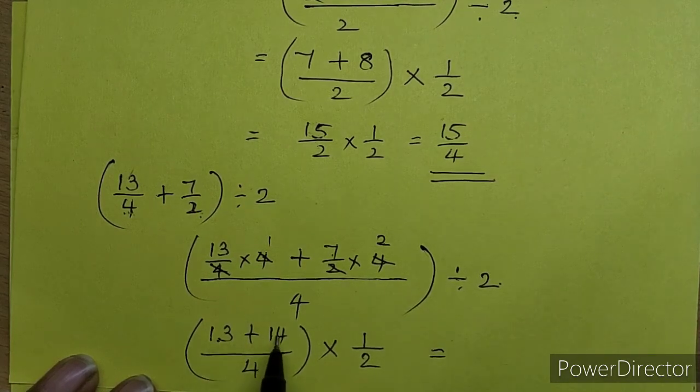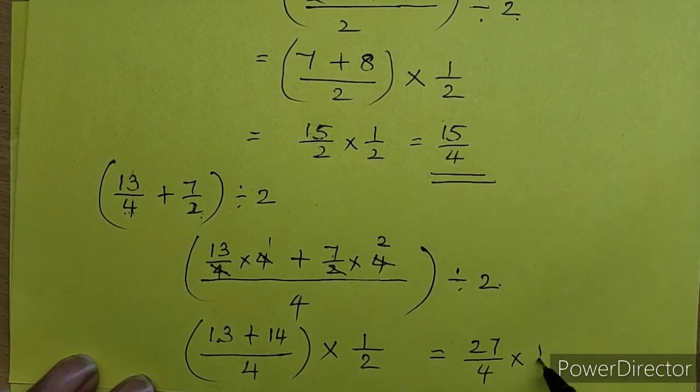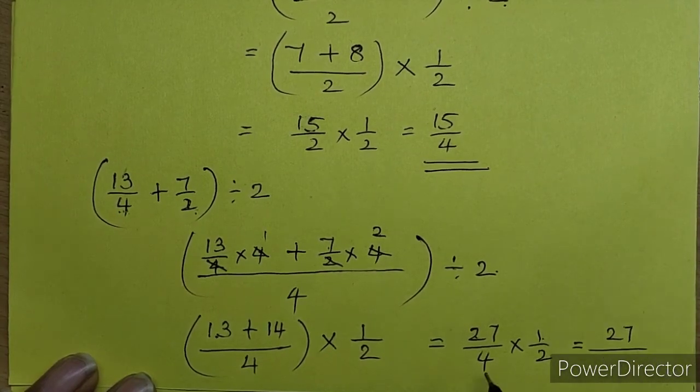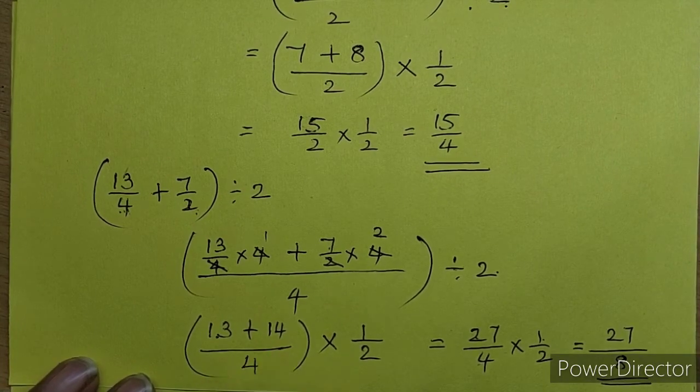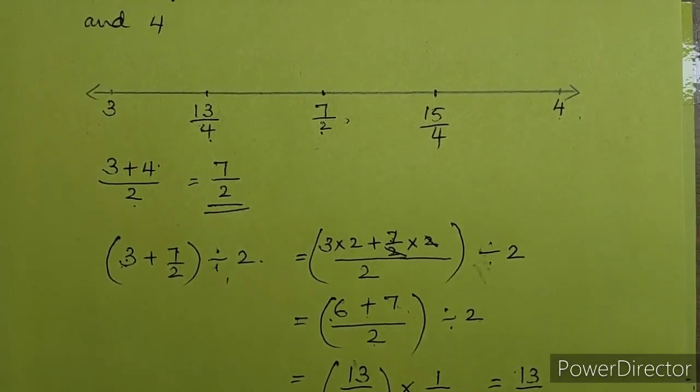Equals 13 plus 14, it is 27 by 4 into 1 by 2, which is equal to 27 into 1 is 27. 4 into 2 is equal to 8. So 27 by 8 is in between 13 by 4 and 7 by 2. You can mark it on the number line.